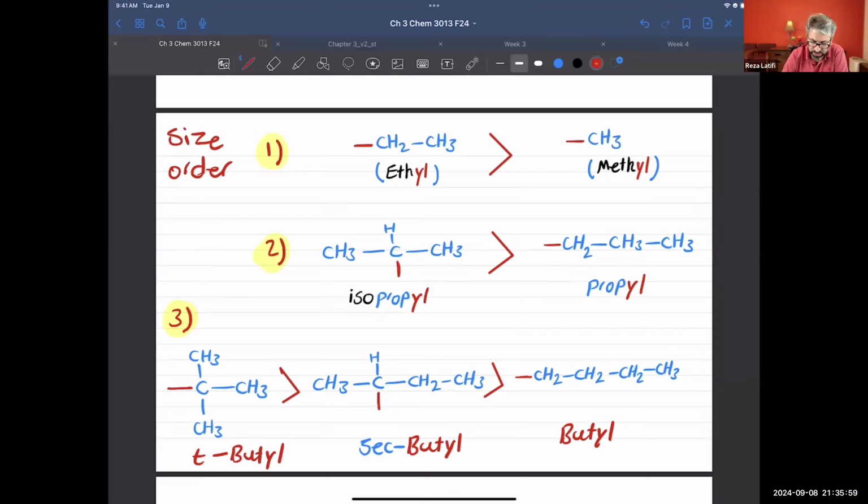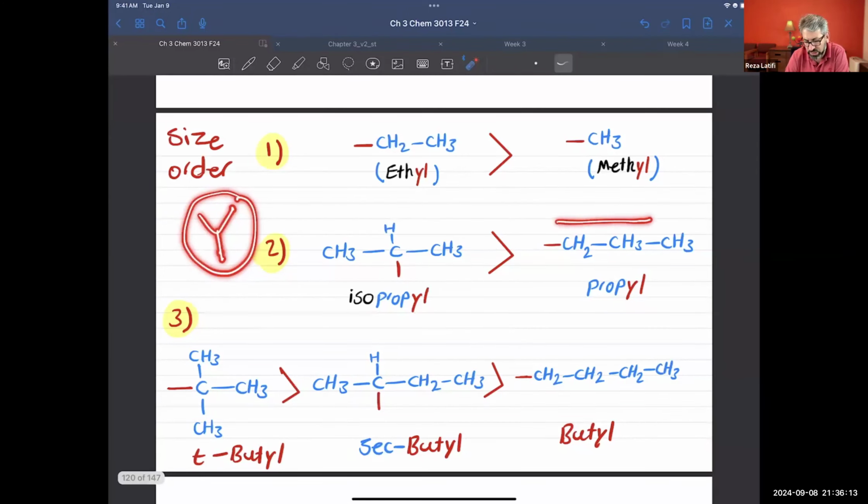Propyl is linear, while isopropyl has a U shape, like a spherical shape versus a linear shape. A linear shape is going to take less space, so it will create less repulsion.